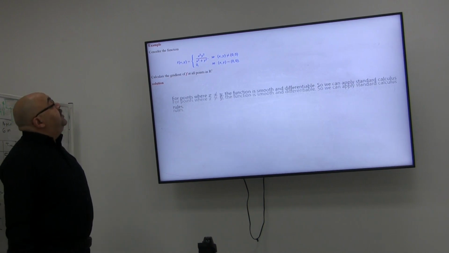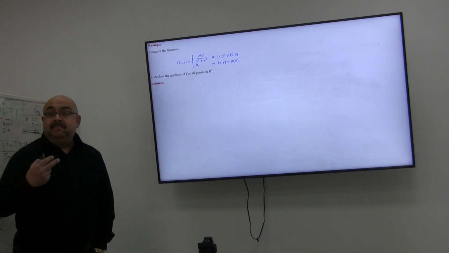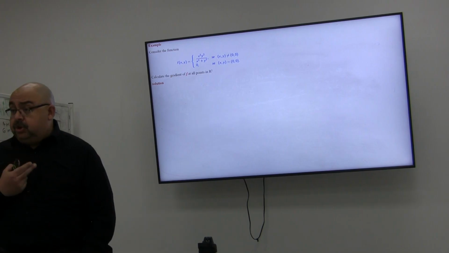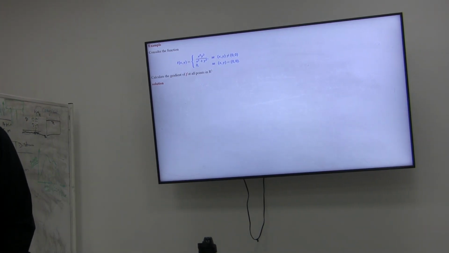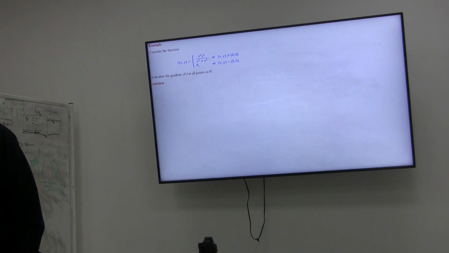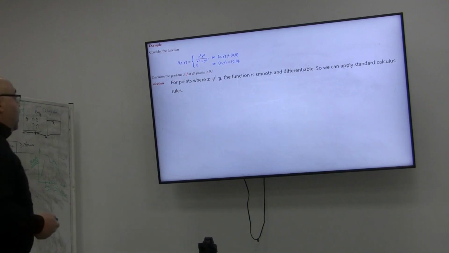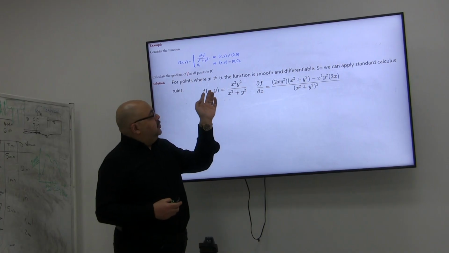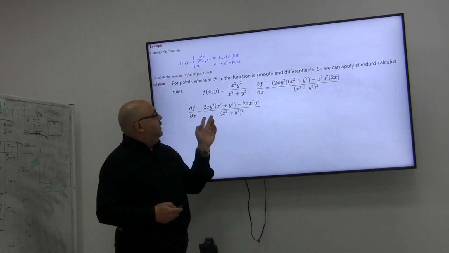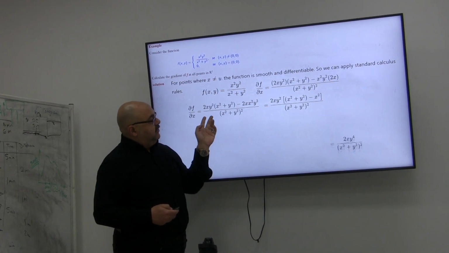We want you to evaluate the gradient vector. Look, in this problem, which is a function defined on more than one domain, I can't take the derivatives directly. I will have to use the law. Why do I have to use the law? Because this is a function defined on more than one domain. So once more, I will use the definition of the derivative with respect to x, with respect to y, that's the first derivative.